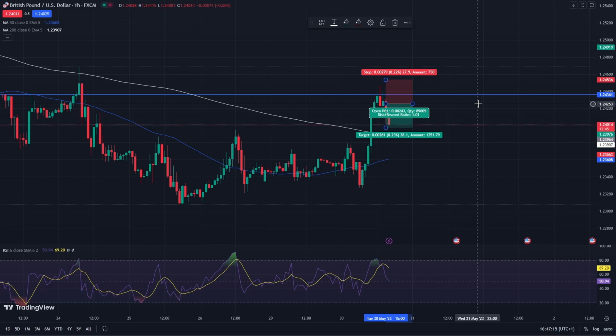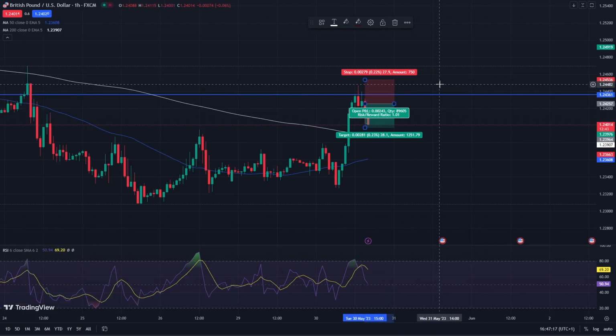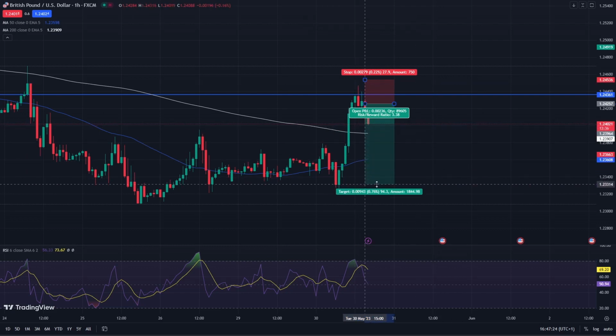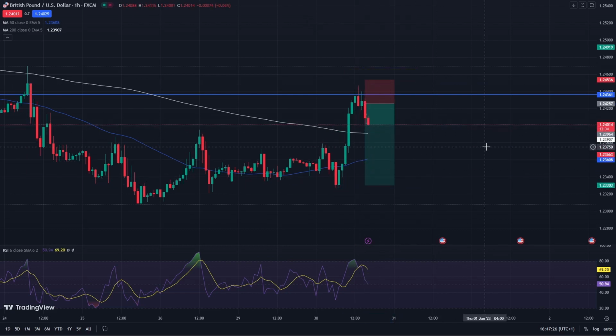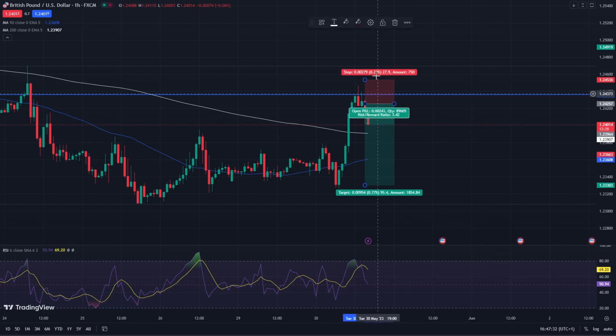So if you always target a 1-to-1, you need to have over 50% to be profitable. But if I were to be targeting this, I don't need to have 50%. I don't need to have 60%. Even if I have 30%, I will still be profitable because of how great my risk to reward ratio is.